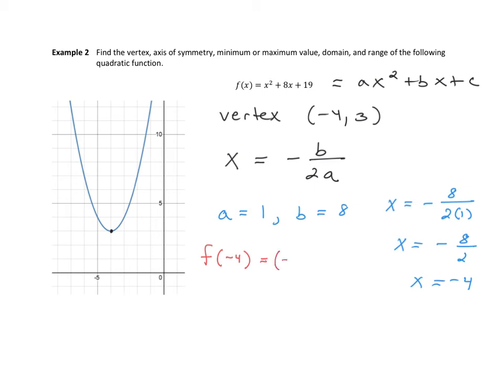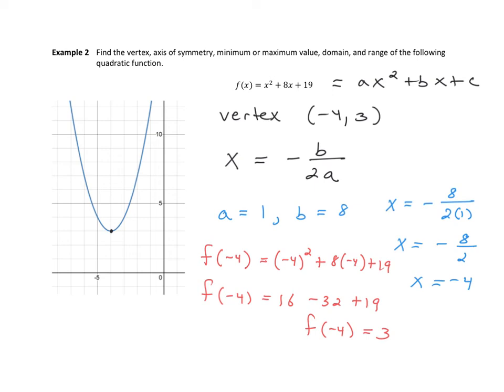So this is negative 4 squared plus 8 times negative 4 plus 19. All right, so f of negative 4 is 16 minus 32 plus 19. And that works. f of negative 4 is equal to 3.